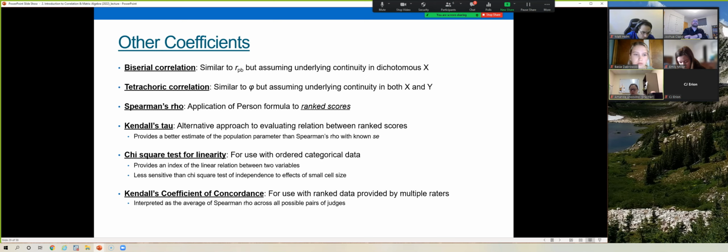If we're talking about biserial correlations, similar to our point biserial, here the assumption is that whatever I've measured as a dichotomous X is part of an underlying continuum. So let's say I'm looking at extroversion, and for whatever reason someone's measured this as high and low extroversion based on whatever criteria.